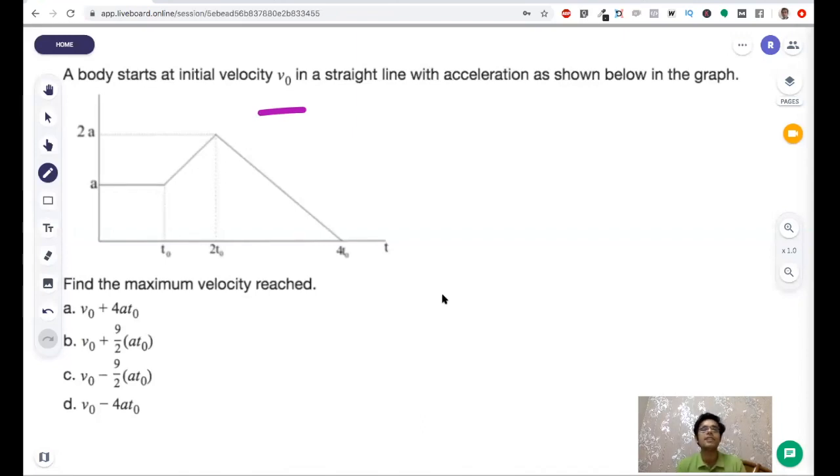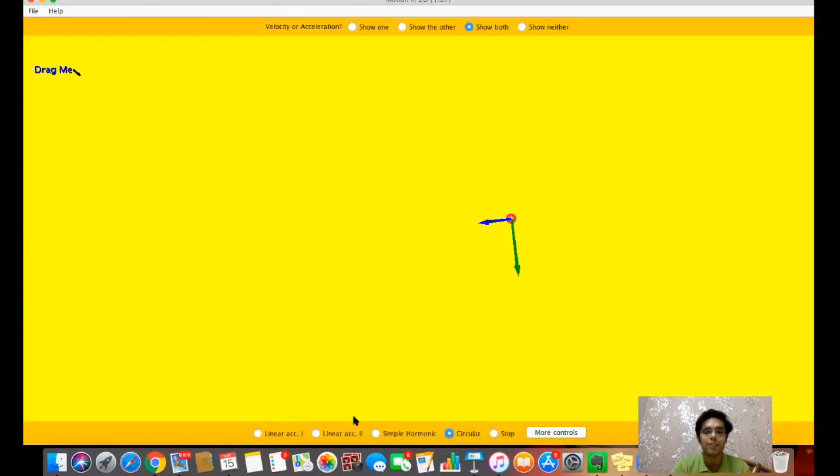So what is happening is that acceleration is varying with time. Let me help you visualize this question with the animation that I was showing you here. So when acceleration increases, velocity increases. When acceleration decreases, the rate of change of velocity decreases, not the velocity.